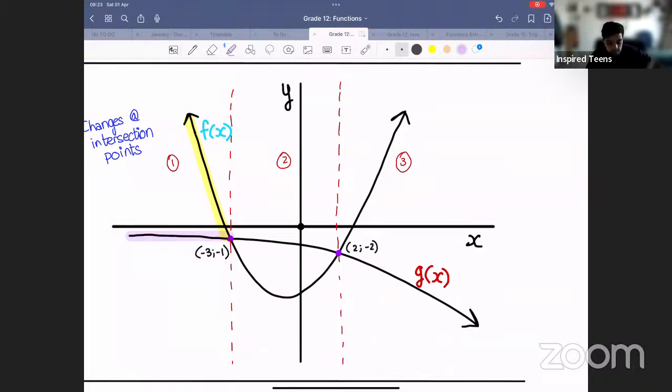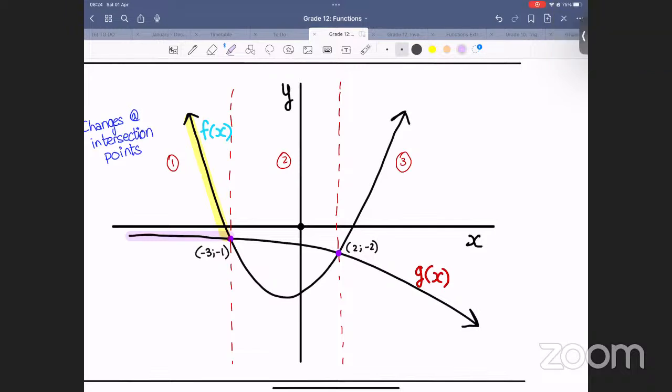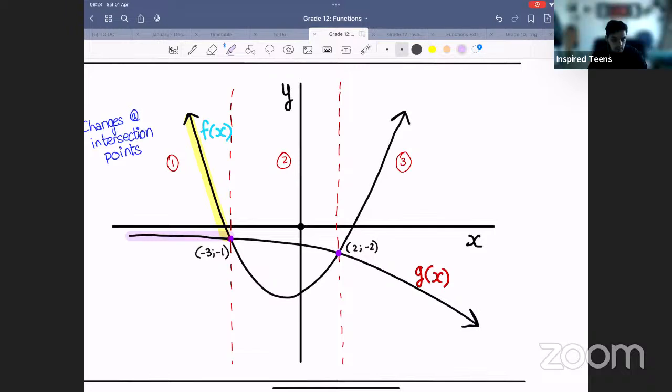What do you guys think? F of x, good. Can you guys see my camera? Okay, I think you guys can. Okay, f of x. Good, right?